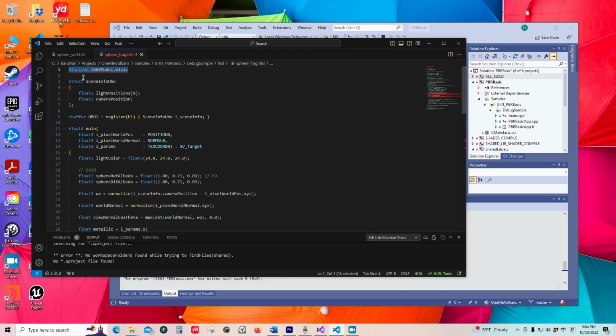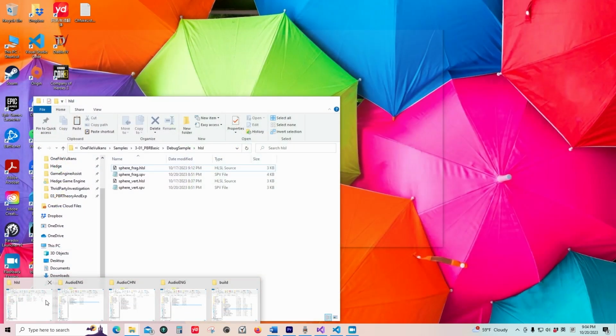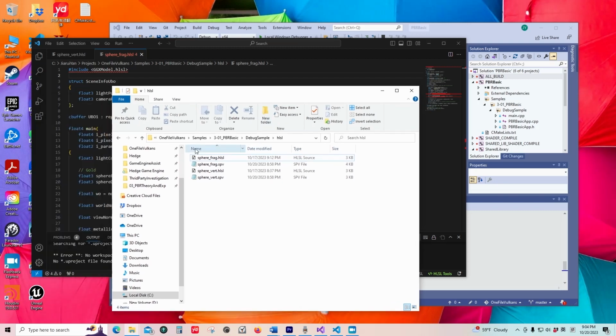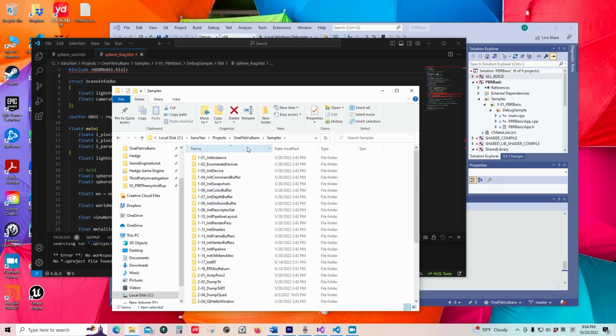The first thing you see is the GGX model HLSL. That is the biggest reason why I use HLSL, because I don't need to write my own include logic in the code. I believe GLSL doesn't support it by default. Actually, it's a file under the shared folder. For the third level examples, you can see that we already have 3 of them.